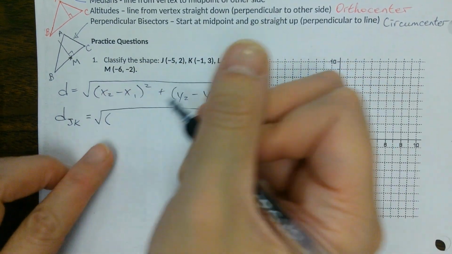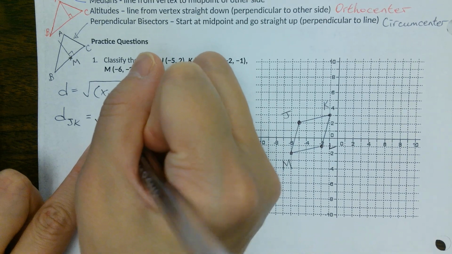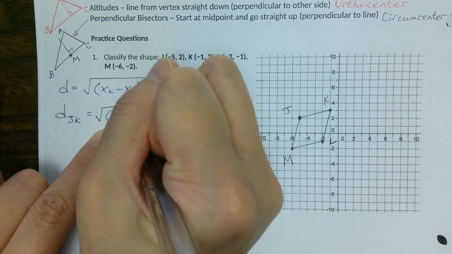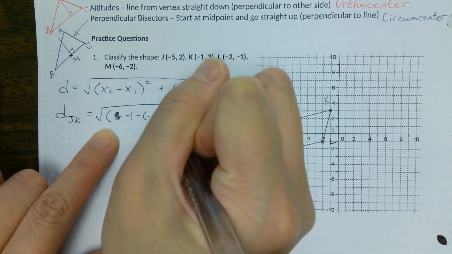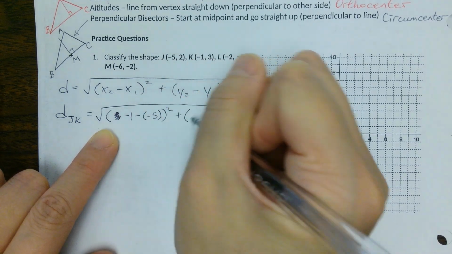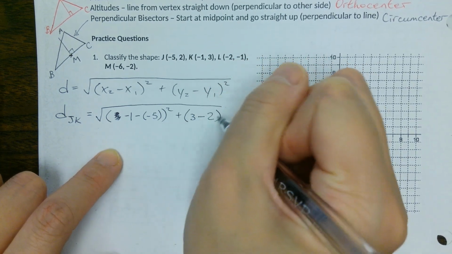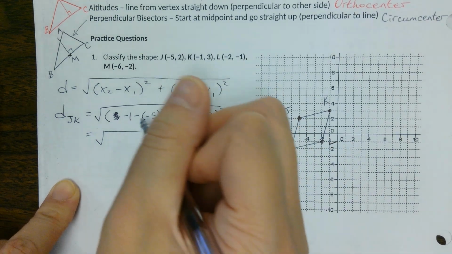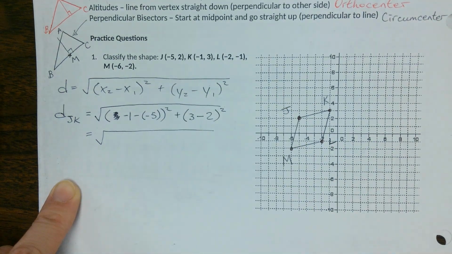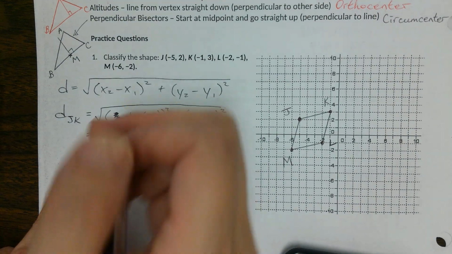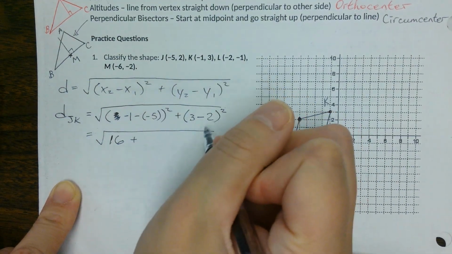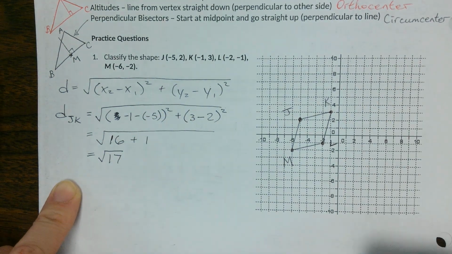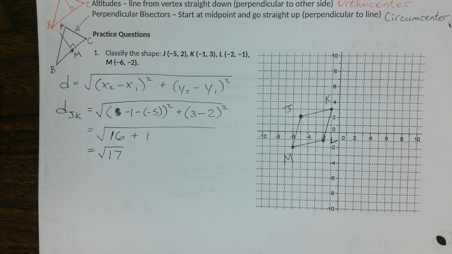Okay, so -1 minus -5 squared, and then 3 minus 2 squared. I'll just do an example of one of these. So -1 plus 5 is 4. 4 squared is 16. 1 squared is 1. So therefore, the length of JK is √17.